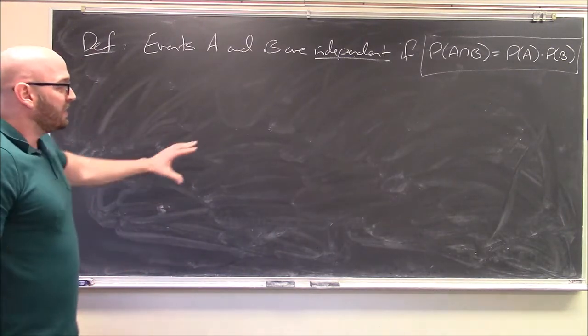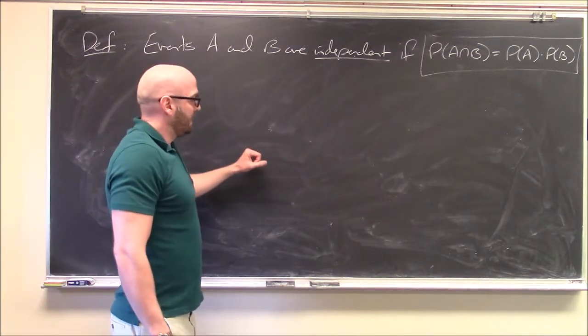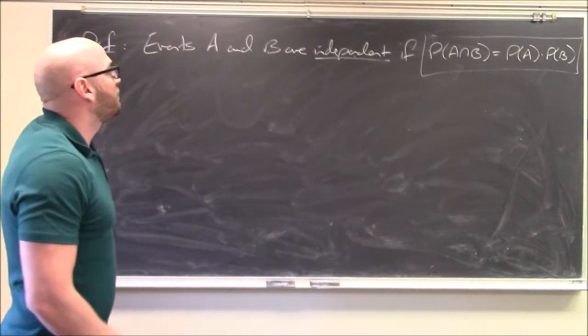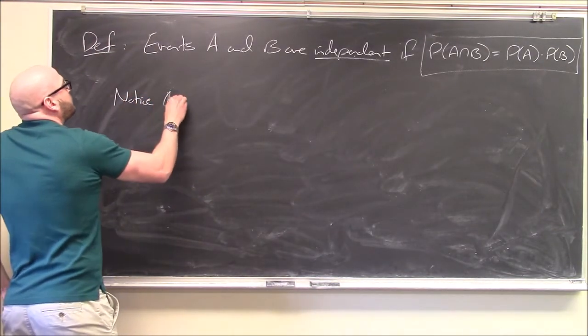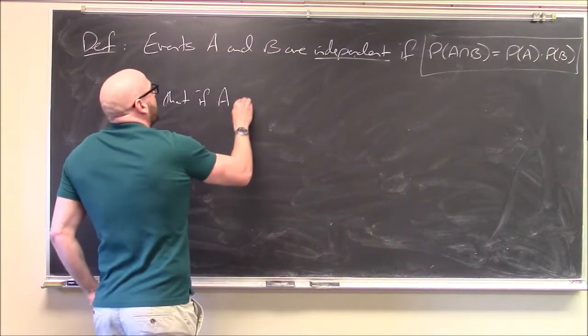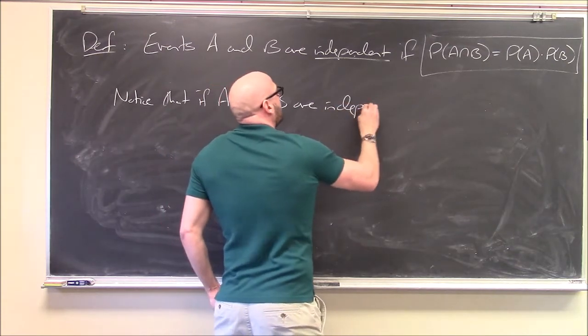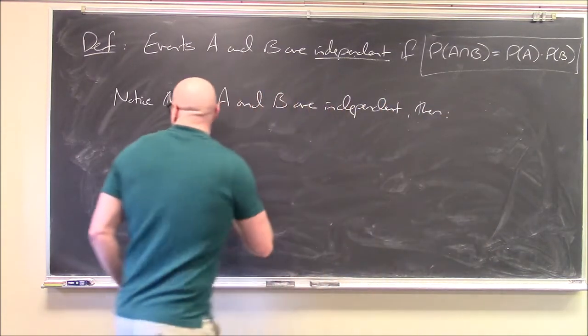But this doesn't look like what I mentioned with the probability of A given B being the same as the probability of A. So let's derive that. So notice that if A and B are independent, then what happens?